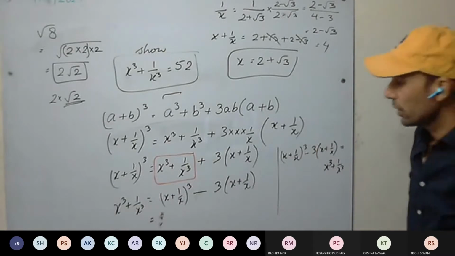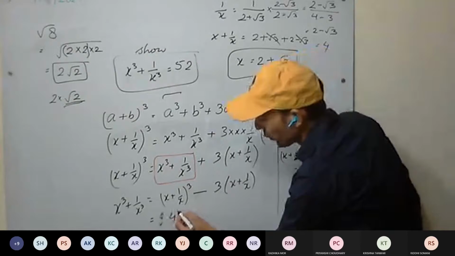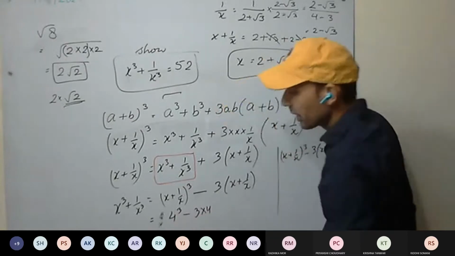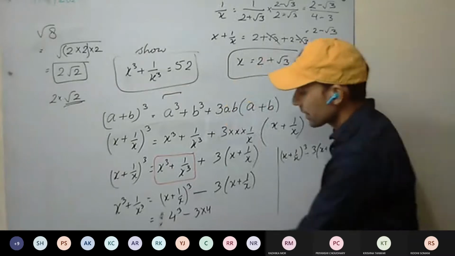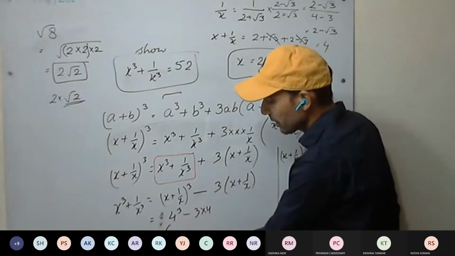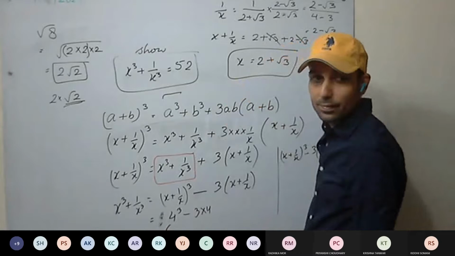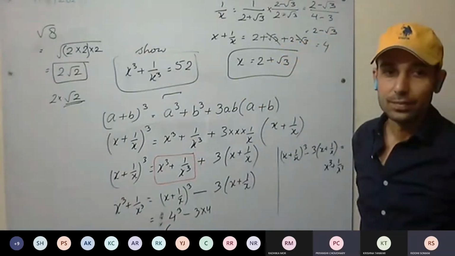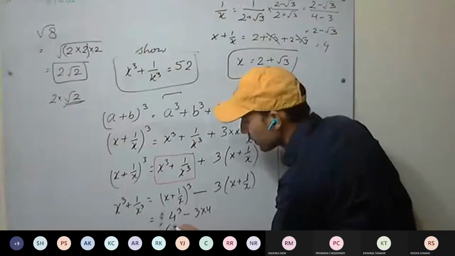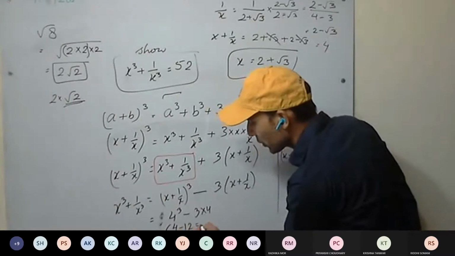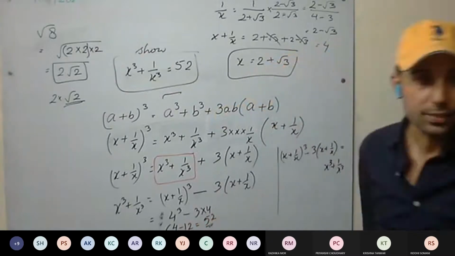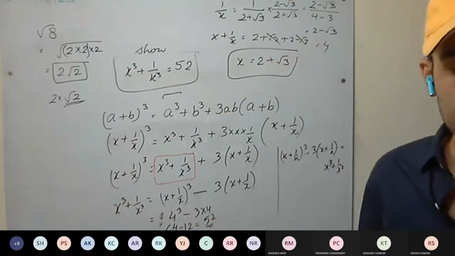So x plus 1 by x is 4. Here if we put 4, 4 cube minus 3 into 4. Calculate 4 cube. So 64 minus 12. How much are you getting? 52. Hence shown. Understood this question?